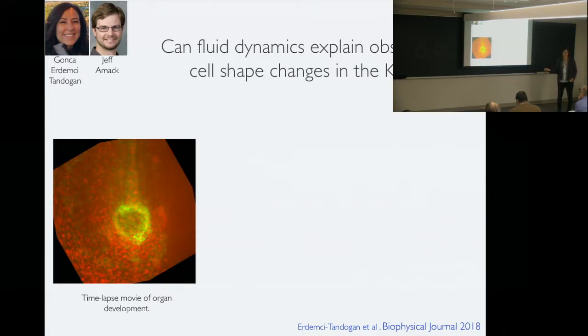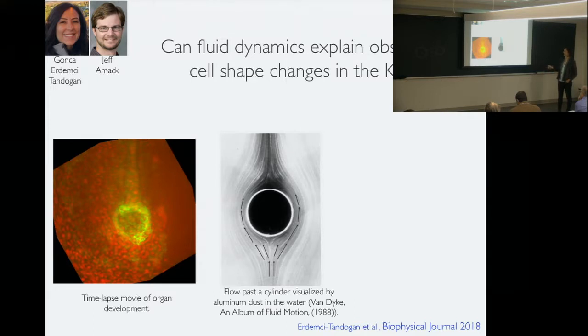If there was a cylinder and I pushed it through a fluid, I would expect compressive forces at the front and drag forces at the back, and if they were strong enough, that might elongate the cells in the back and compress the cells in the front and give rise to the shapes they see. Kind of crazy, but okay.